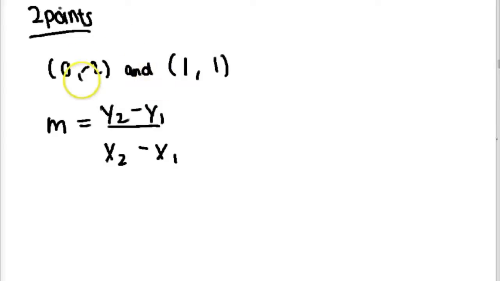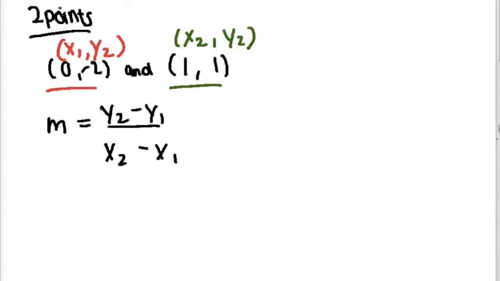And so it doesn't matter which point you make number 1 and number 2, so we can just choose. Let's say we make this one the x1, y1 point, and then let's say we make this point the x sub 2, y sub 2 point. Then what we do is we just plug these numbers into this equation.